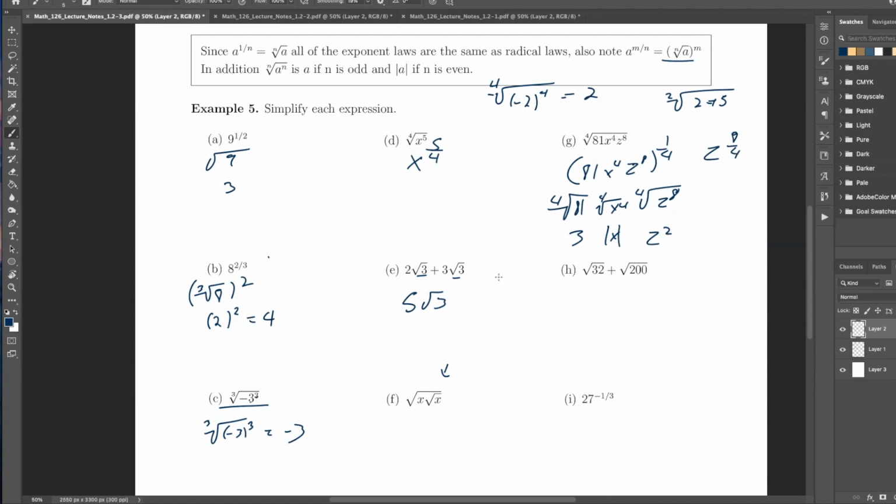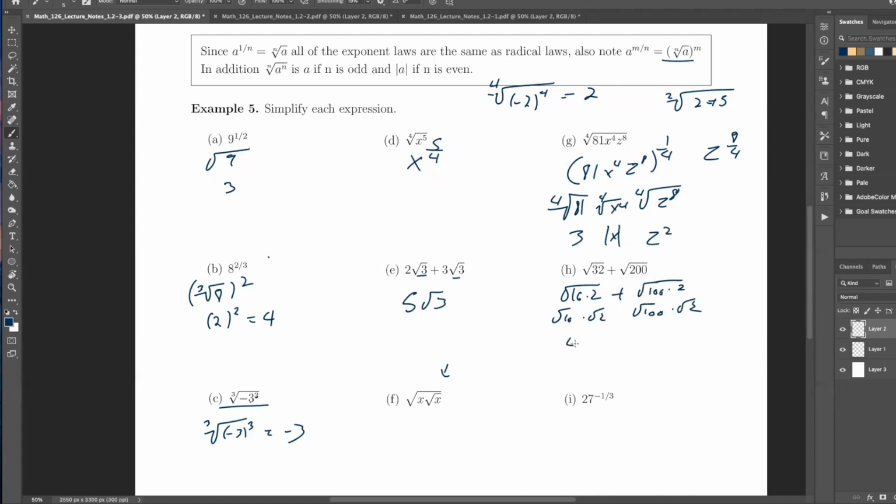So here, if I see this, you can always try to simplify these. Remember, I can write 32 as 16 times 2 plus, here I can write it as 100 times 2. And then I can rewrite this as the square root of 16 times the square root of 2 plus the square root of 100 times the square root of 2.